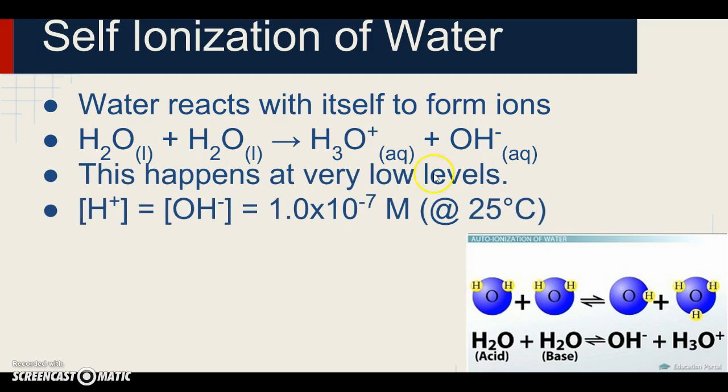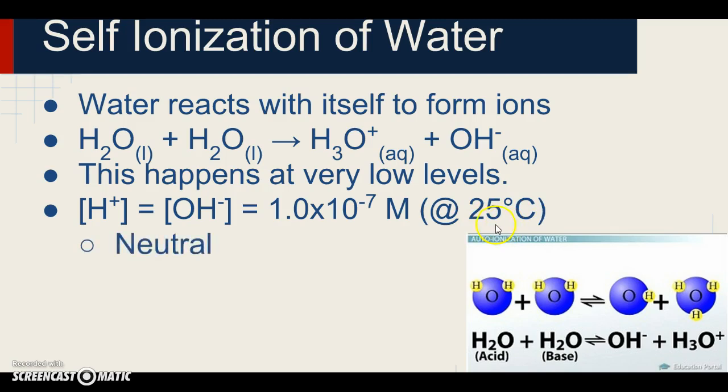In fact, in that autoionization that's occurring, the amount of hydroxides and the amount of hydroniums are equal, and that concentration is 1.0 times 10 to the negative 7th molar. 1.0 times 10 to the negative 7th molar of this, 1.0 times 10 to the negative 7th molar of this, in pure water at 25 degrees C. 25 degrees C is approximately room temperature water.